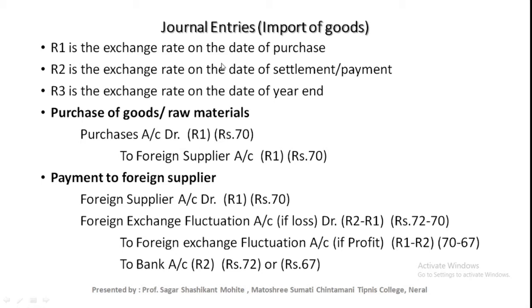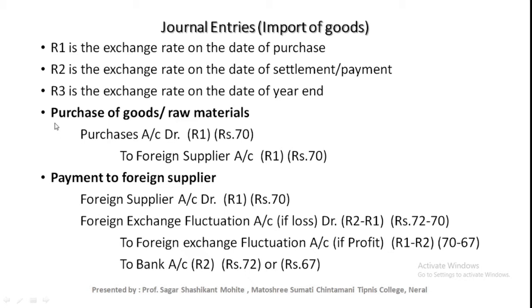R1 is the exchange rate on the date of purchase, R2 is the exchange rate on the date of settlement or payment, and R3 is the exchange rate on the date of year end.